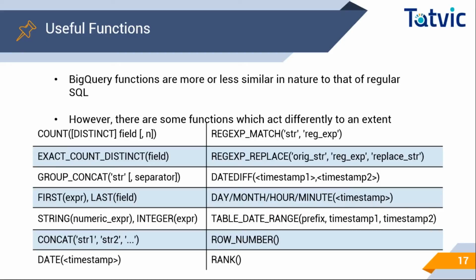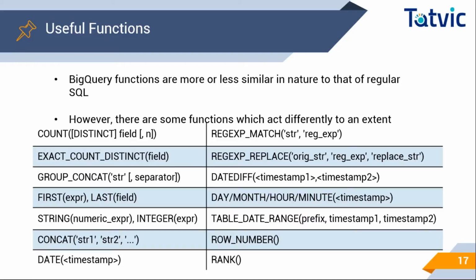Let's say the key was my session ID, and based on this session ID, group all these page views in a single field. So if I have step 1 as page A, step 2 as page B, step 3 as page C, if I do a group concat, I will have against my session page A hyphen page B hyphen page C.